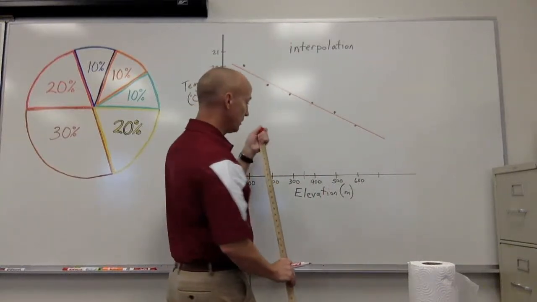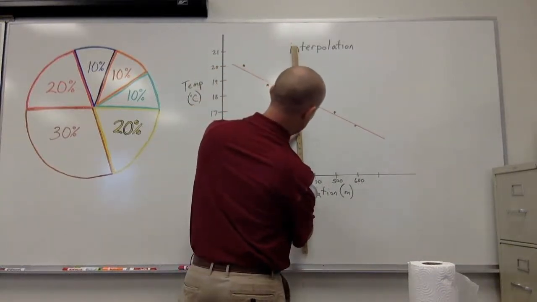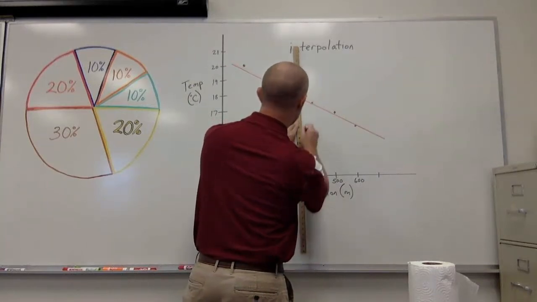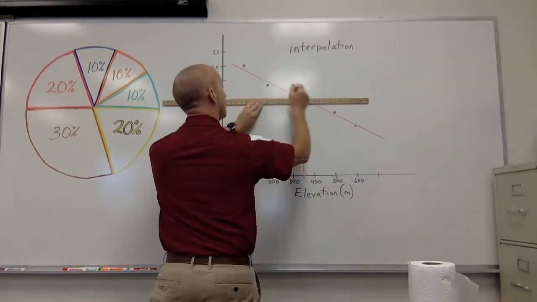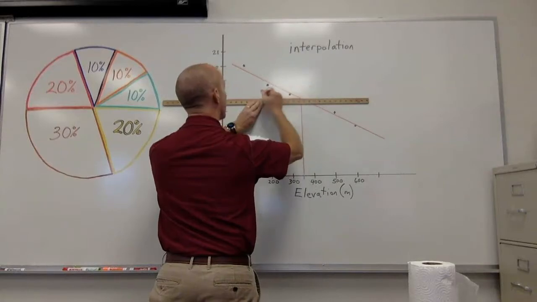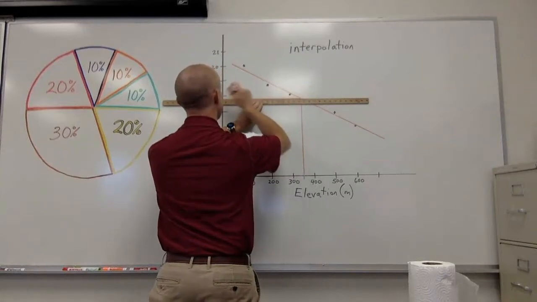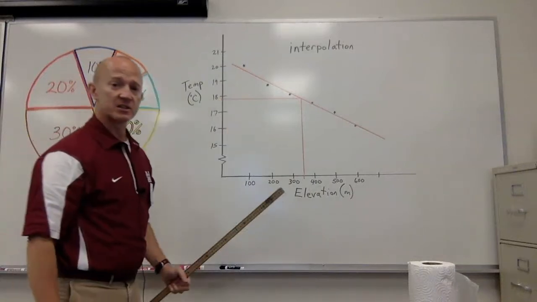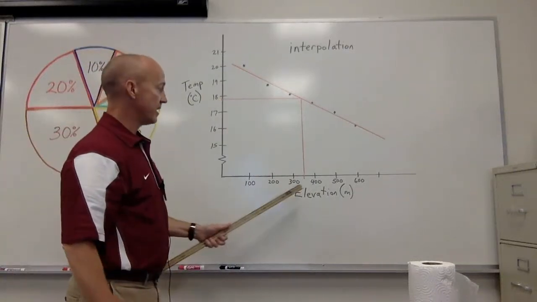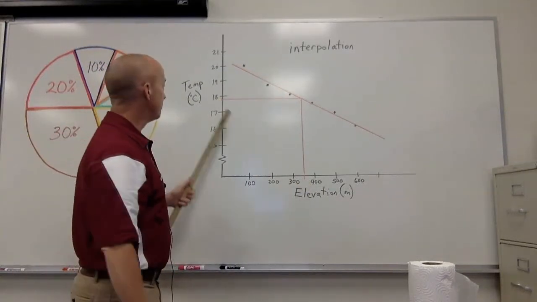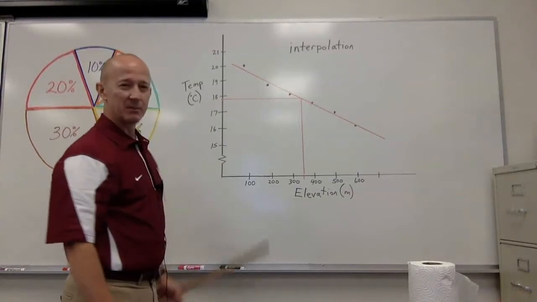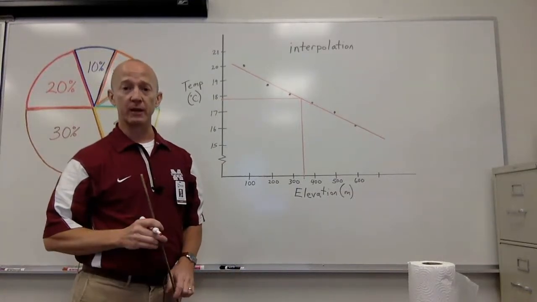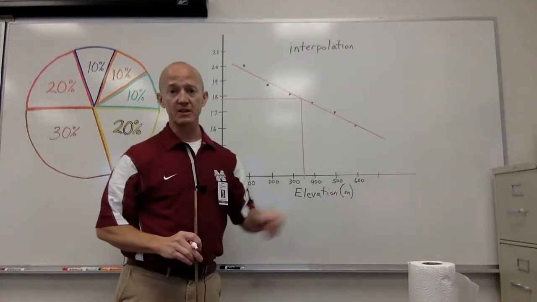All I have to do is take a straight edge and go straight up until I hit the line. And then I can take my straight edge and go horizontally to my y-axis. And now I can see that my probable temperature at an elevation of 350 will be around 17.8 degrees Celsius. That's how you interpolate data from a best fit line.